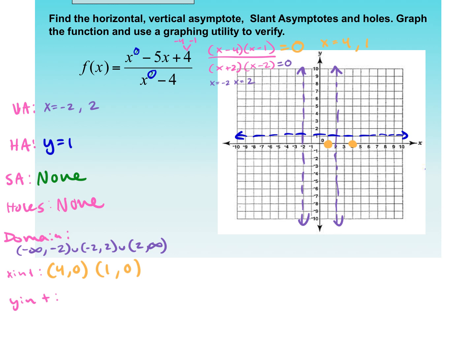Next, let's find our y-intercept. How do we find the y-intercept? Plug 0 into the x's. So I've got 0 squared minus 5 times 0 plus 4 over 0 squared minus 4. So zeros just go away. We've got 4 over -4, which would be -1. So my y-intercept would be (0, -1).